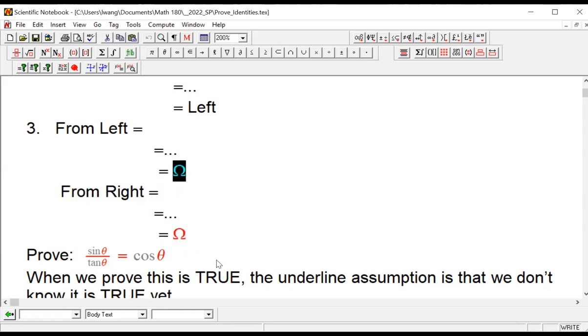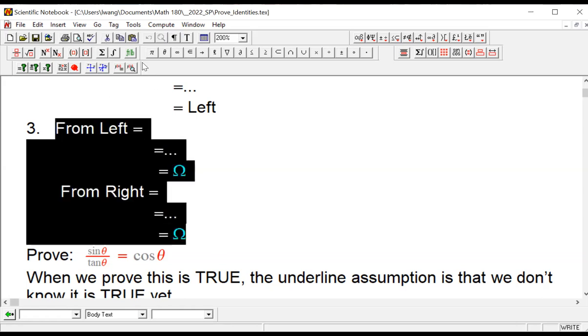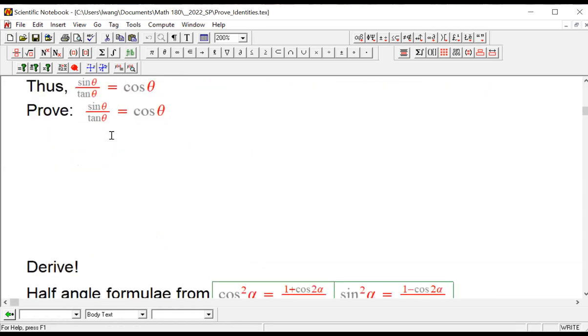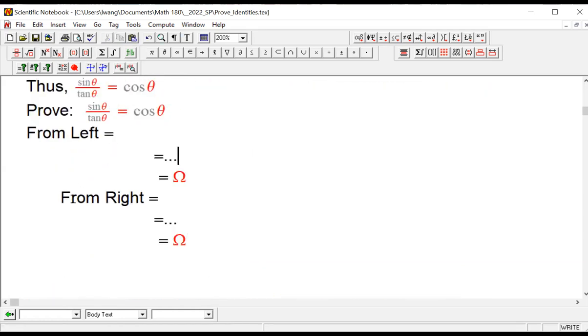Because these two are the same, therefore left is the same as right. There's logical reasoning behind what we present. So now we're going to try the third format.